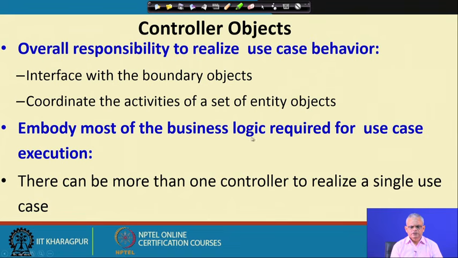So, the controller object is an important class object. For every use case, the corresponding controller object gets the control, and it determines what are the steps through which the use case can be executed, which objects need to interact, and it requests those objects to do their specific part of the execution.